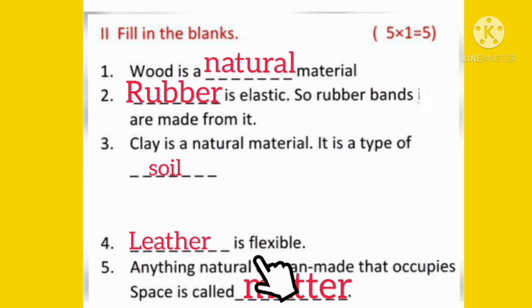Leather is flexible. Next one. Anything natural or man-made that occupies space is called what? Matter. Very good. Anything natural or man-made that occupies space is called matter.